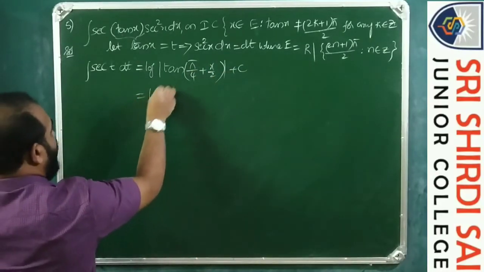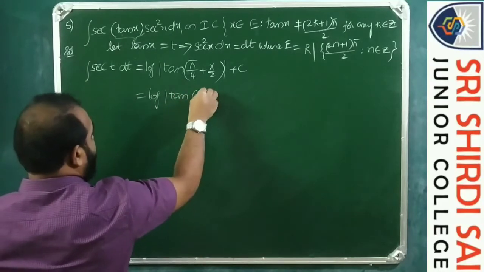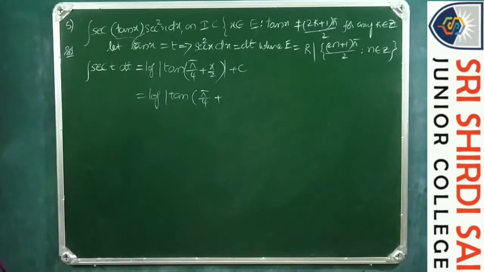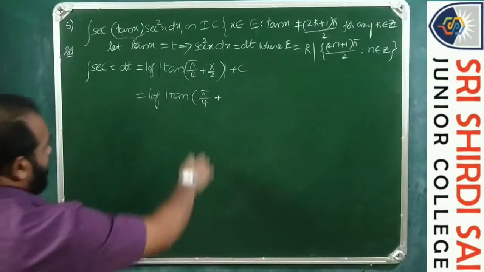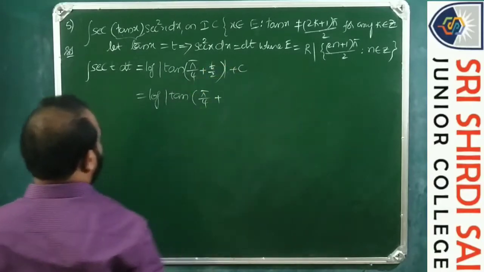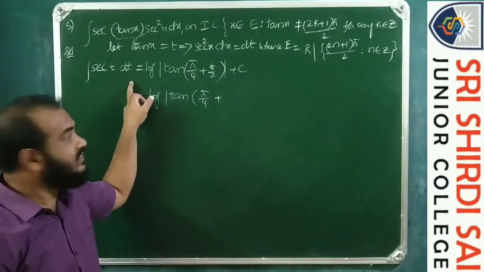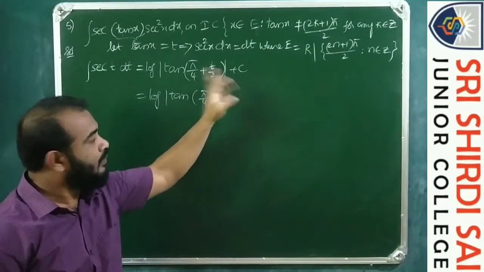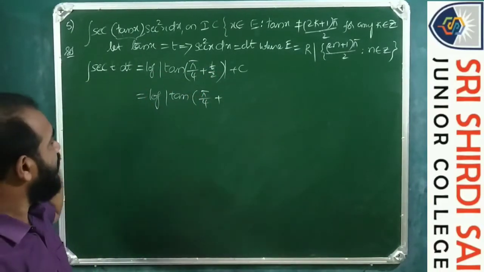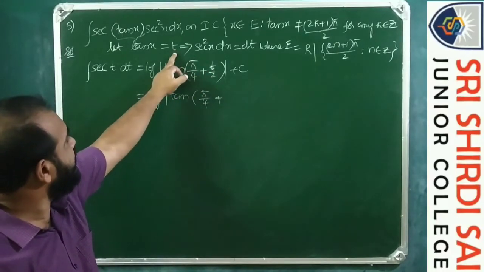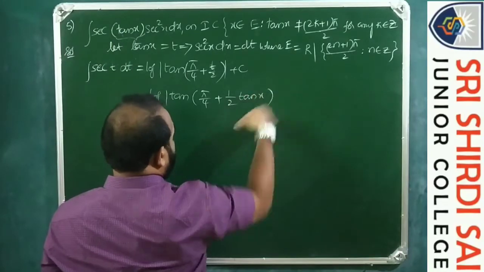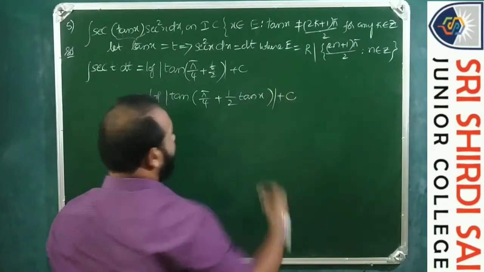So this is log mod tan (pi by 4 plus t by 2) here, because integral secant x dx is log mod tan (pi by 4 plus x by 2) plus c. And what is t? t is tan x. So log mod tan (pi by 4 plus (1 by 2) tan x) plus constant of integration c.